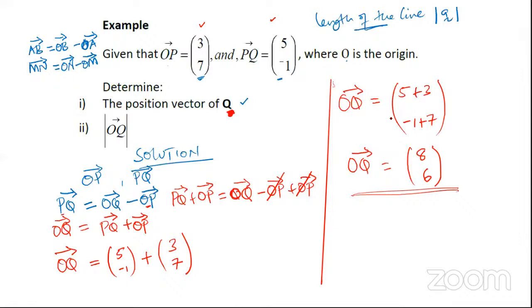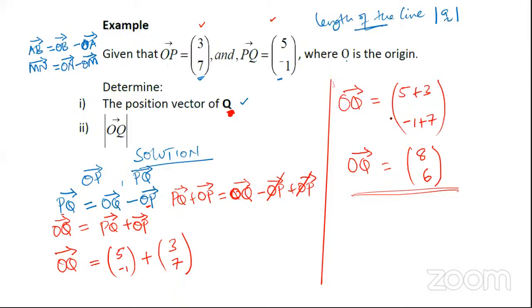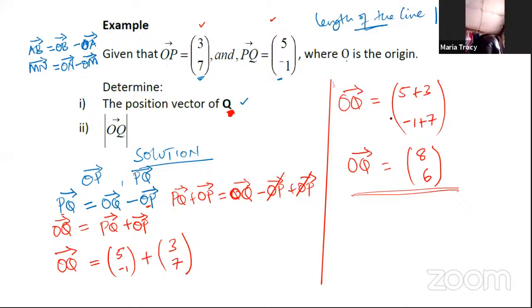Yes, Maria Tracy. Teacher, the answer you've got for OQ, it's the position vector of Q. Yes, that's our position.